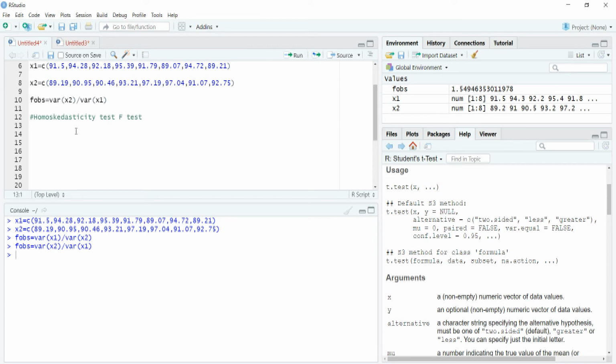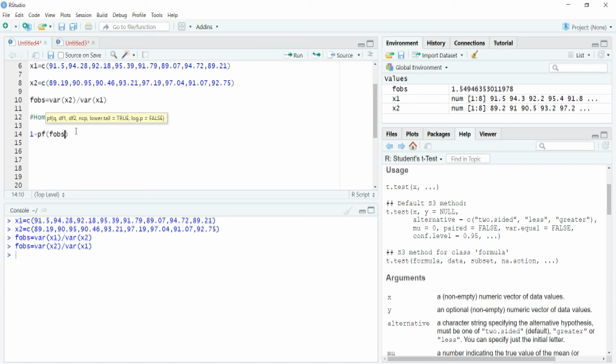For this, what we need is the probability of F greater than F observed, which we get by 1 minus pf, and here we put F observed, 1.5494, or you can directly write F observed.